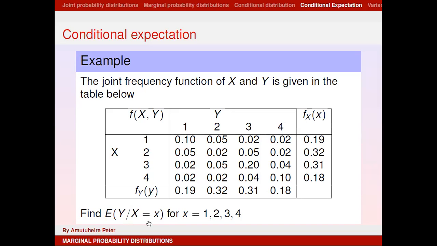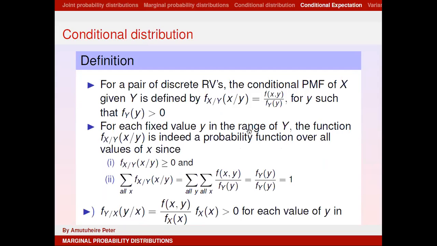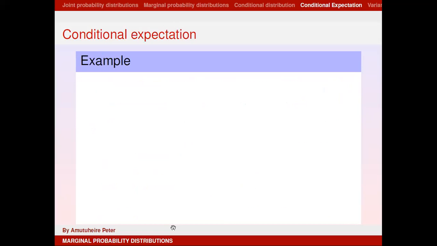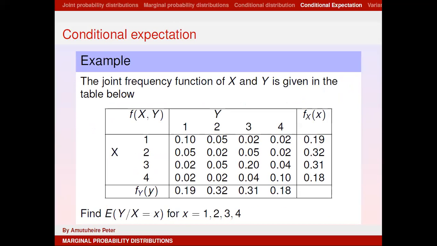We know the conditional distribution, so we use this formula: we get the joint distribution, then divide by that of x. So we first get the marginal distribution, then after that we get the conditional distribution.